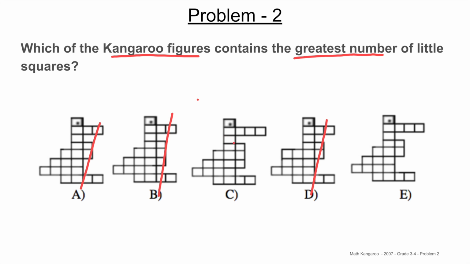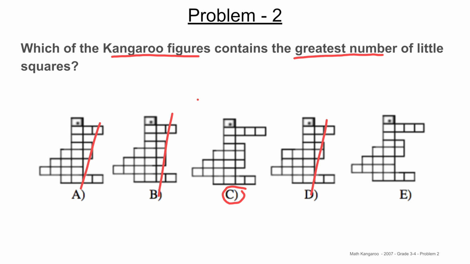The neck for option C and option E look the same. Now we move on to the body. Scanning through the two options, option C has an extra small square right in the middle. This is a game changer. So the answer is option C. It has the most small squares. Great job, we nailed it.